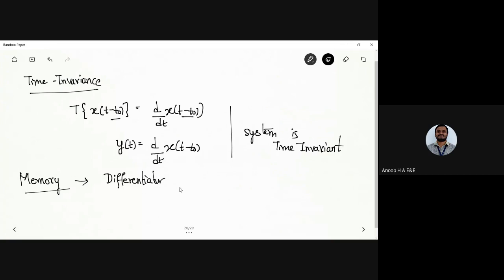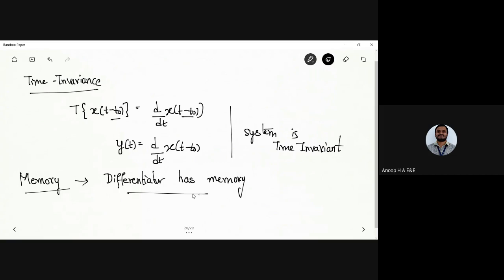Whatever the time duration, either 0 plus or 0 minus, we call it memory, having a state or an output state. At 0 plus, the change in the magnitude or the output of the system shows that the differentiator has a memory. I think it's quite clear.